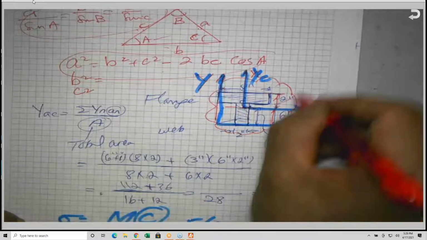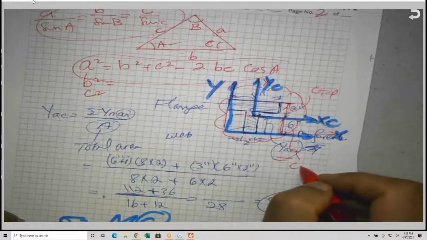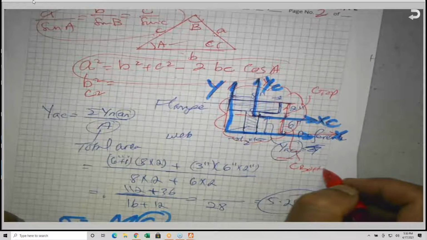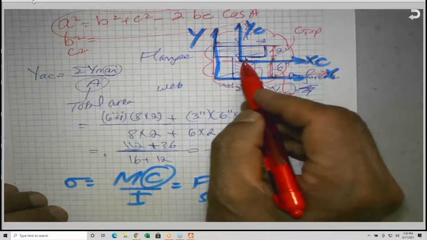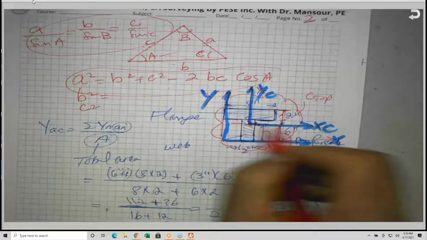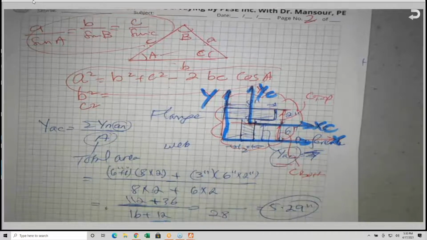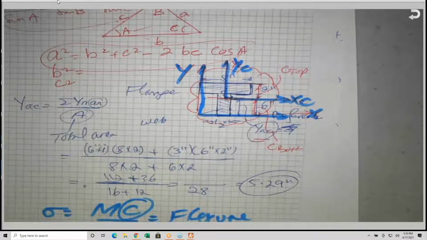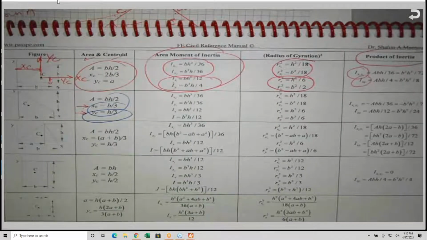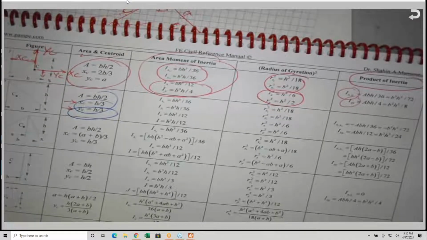Here, for example, we have C top and C bottom because it's not a symmetrical section. But the point I would like to make here is the distance C is measured from the centroidal axis. You have to be careful because we need to know what is the moment of inertia, the radius of gyration, and the product moment of inertia, and we're going to see this.